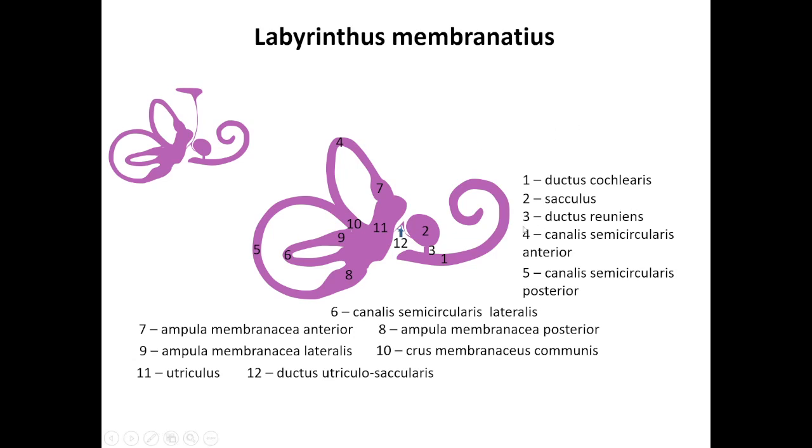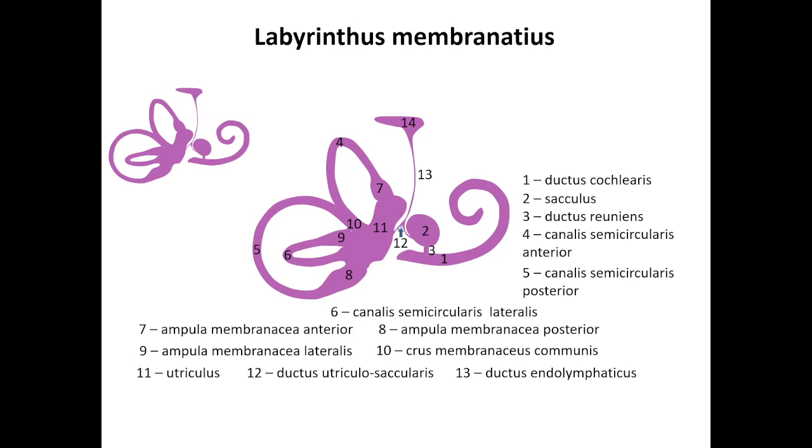These connections are very small structures which really connect sacculus and utriculus. And then they prolongate into number 13, ductus endolymphaticus.